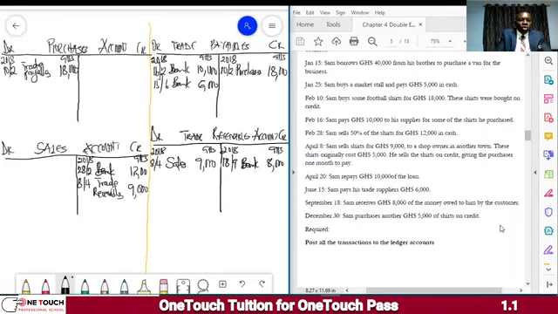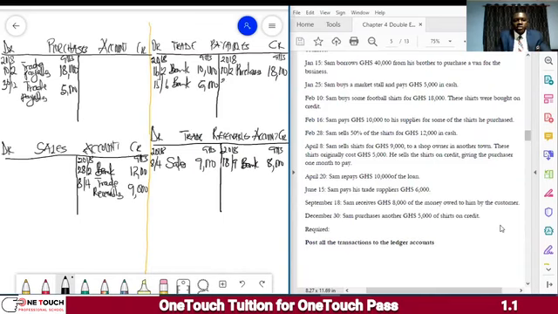Good. So on 30th 12, we have trade payables. And the amount is what? 5,000. Good. And this increases the trade payable account. So this is it.